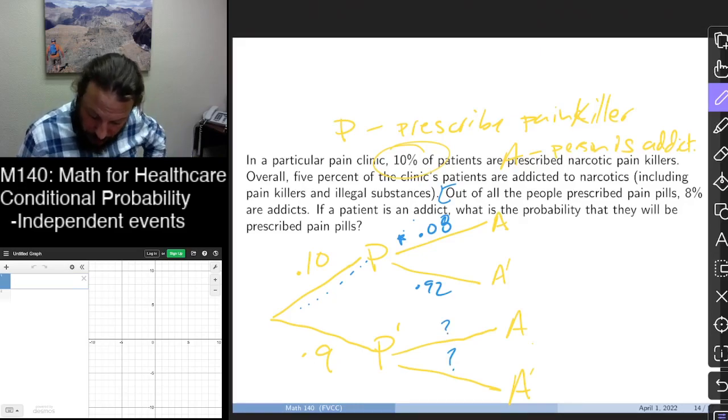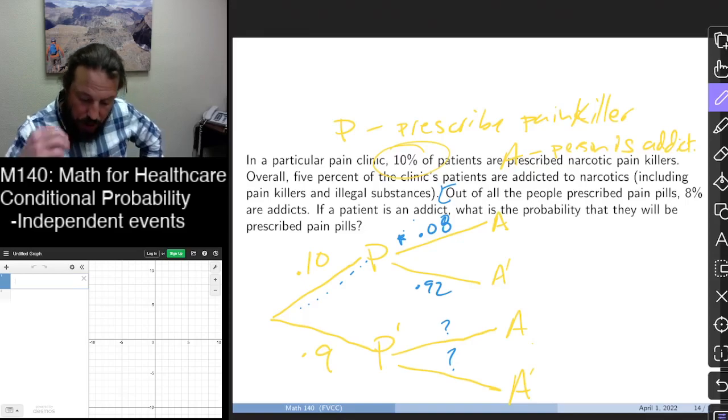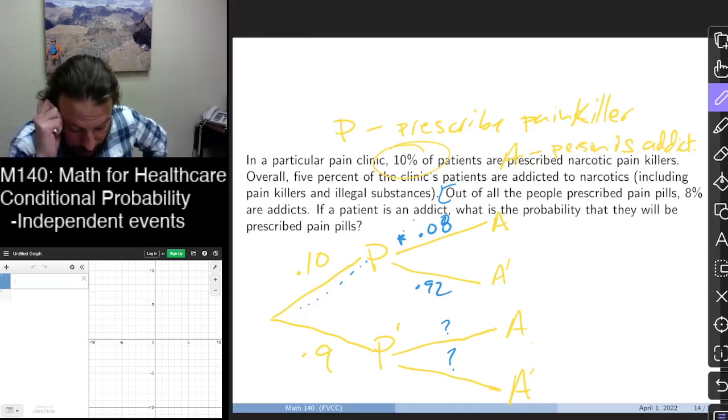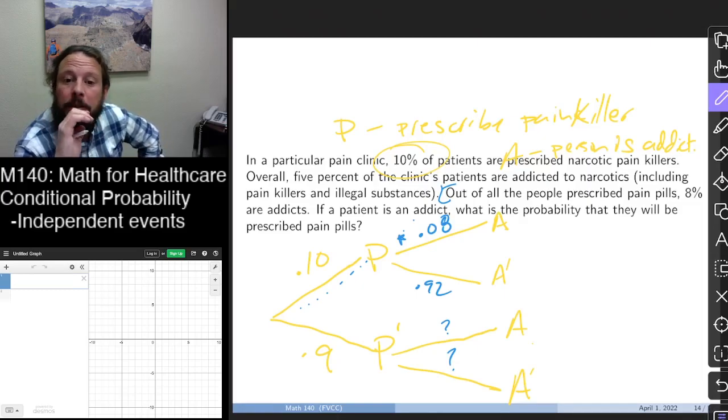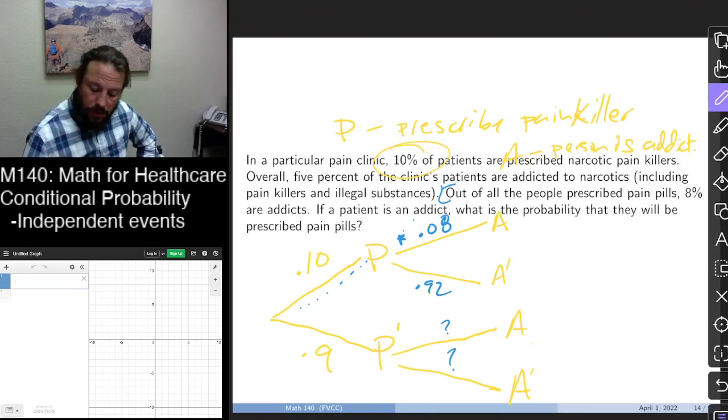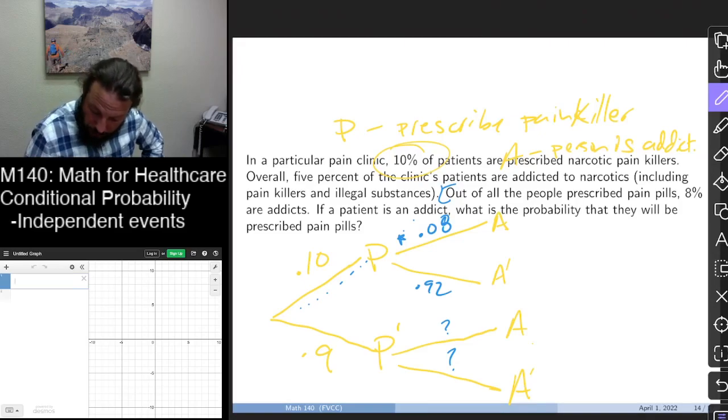So if a patient is an addict, what is the probability that they will be prescribed pain pills? All right, let's think about that. Notice 0.08. Let's write some things down.